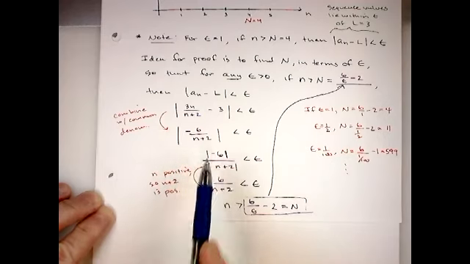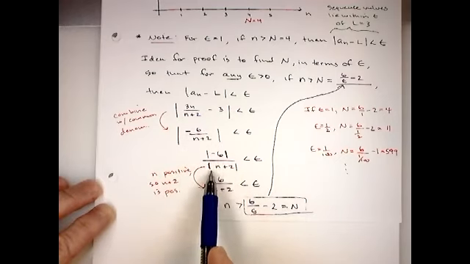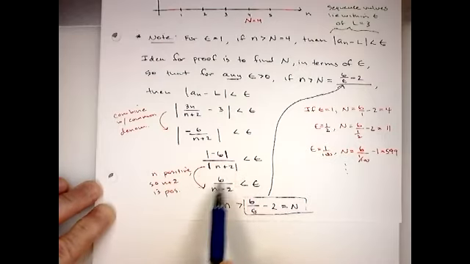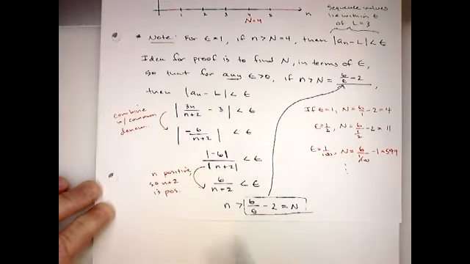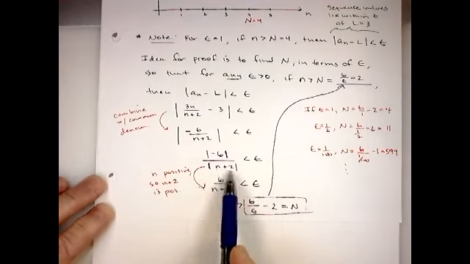With absolute values, you can break them apart. This is equal to the absolute value of negative 6 over the absolute value of n plus 2. Of course, the absolute value of negative 6 is just 6. And remember with sequences, n starts at 1, then 2, then 3. So we know n is a positive number, which means n plus 2 is always going to be positive as well.